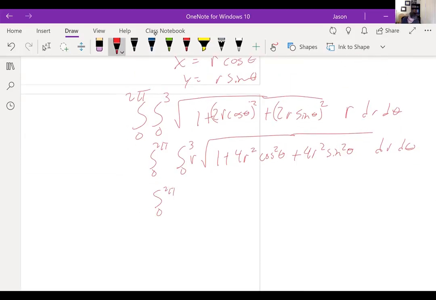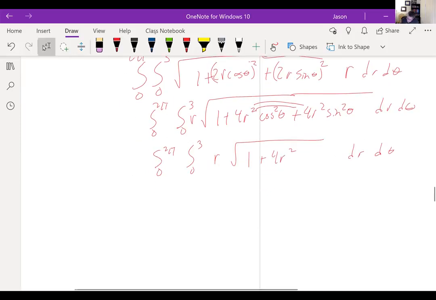If I factor out the 4r squared, I'm left with cosine squared plus sine squared, which is just 1. So this really just becomes r times the square root of 1 plus 4r squared dr d theta.